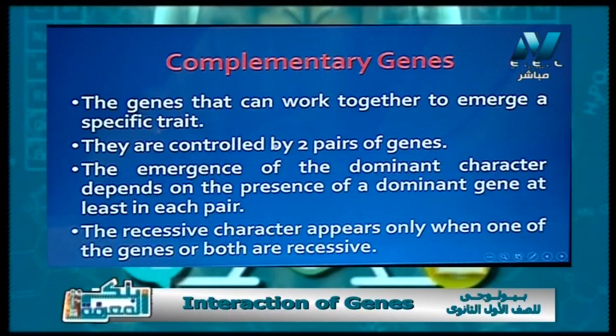They are controlled by two pairs of genes. The emergence of a dominant character depends on the presence of at least one dominant gene in each pair, as we said. The recessive character appears only when one or both of the pairs are recessive.